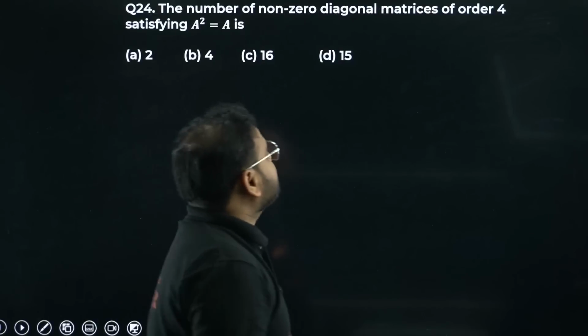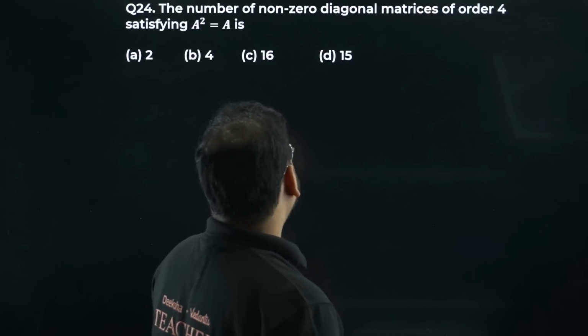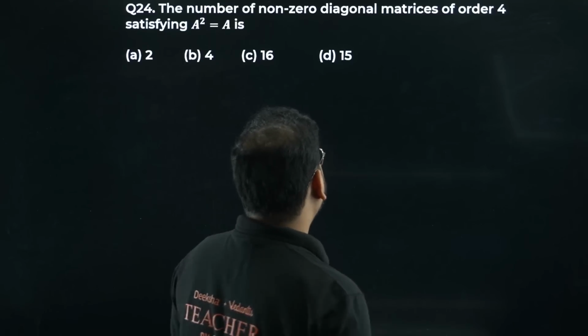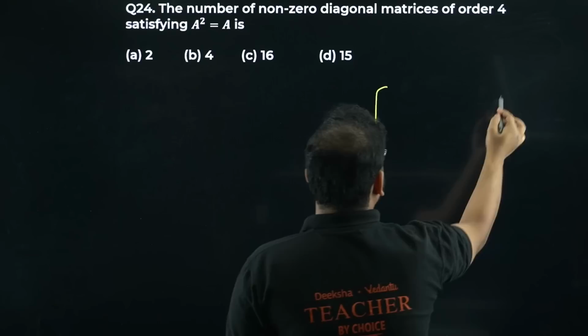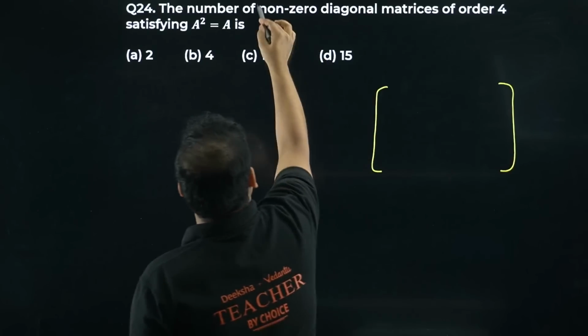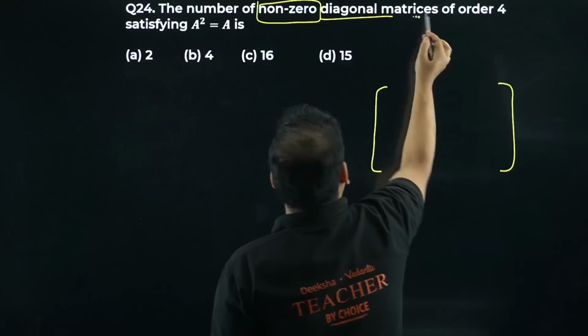The number of non-zero diagonal matrices of order 4 satisfying A square equals A. Order 4, right? Non-zero diagonal matrix.